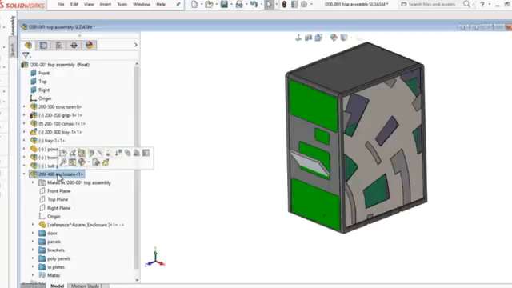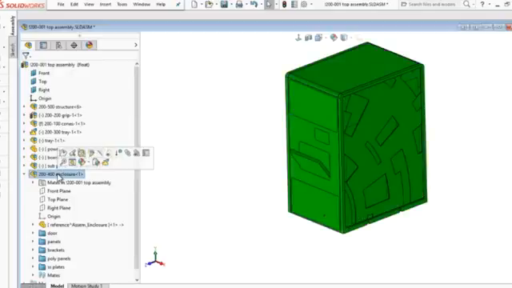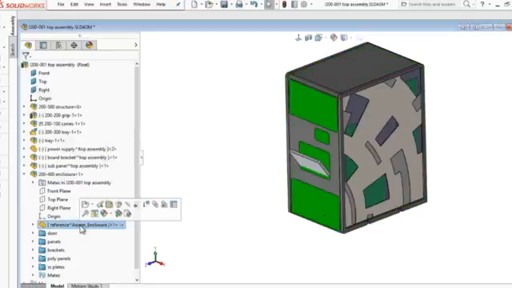So when this person started working on this enclosure, they didn't start from a blank slate. They started from the assembly that I gave them, and my assembly had references inside of it. This really helped out because when I got the assembly back, boom, it just goes right into the assembly.